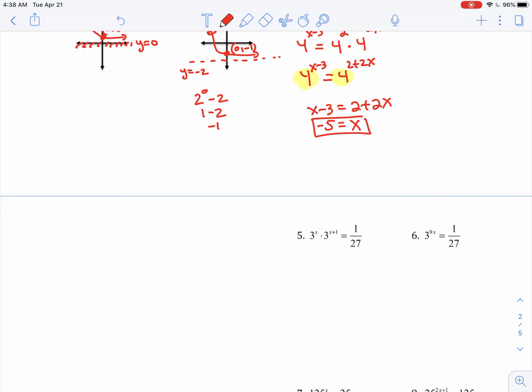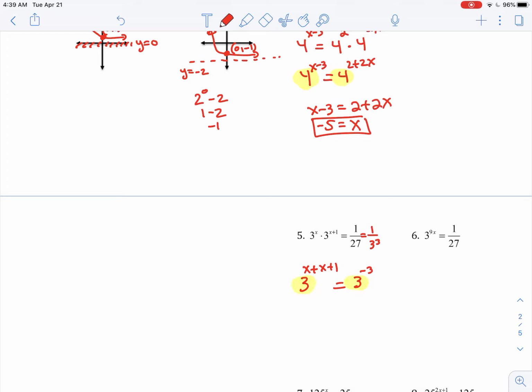On number 5, left side, we are multiplying like bases, so we know that we would keep those bases the same and add our exponents to combine those together. On the right side, 1 over 27, which is 1 over 3 cubed, and we know if we move a term up, switch it from denominator to numerator, the sign of the exponent would change.